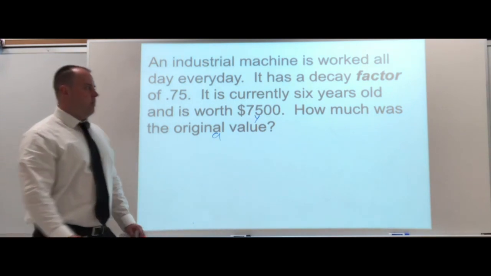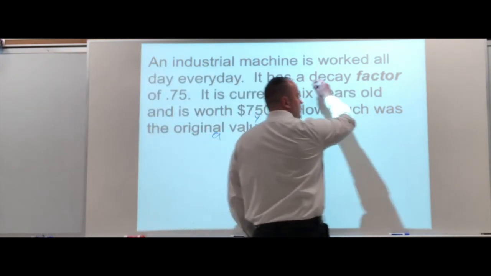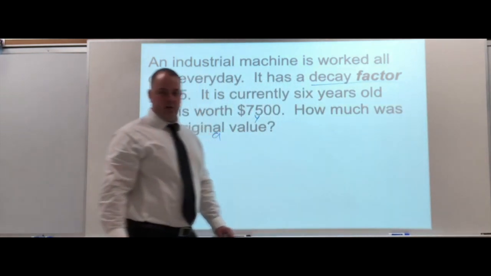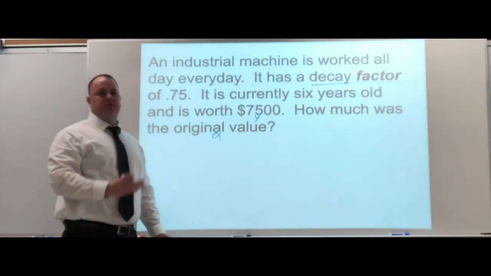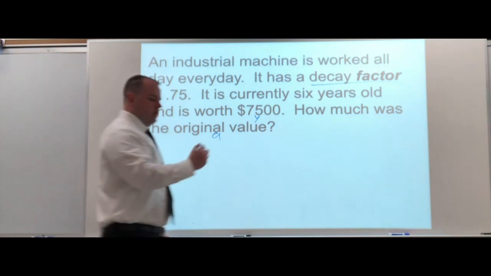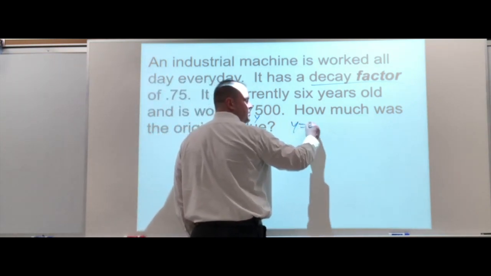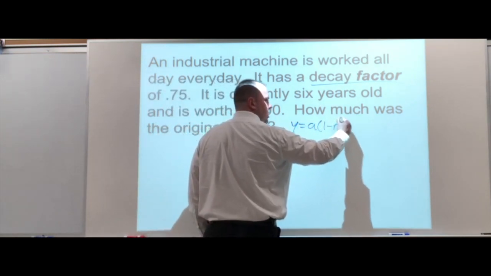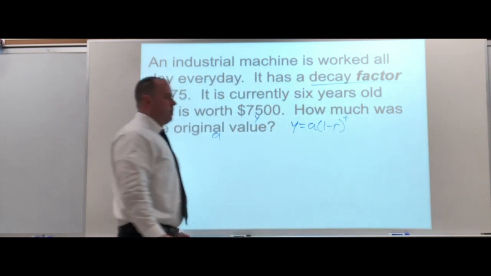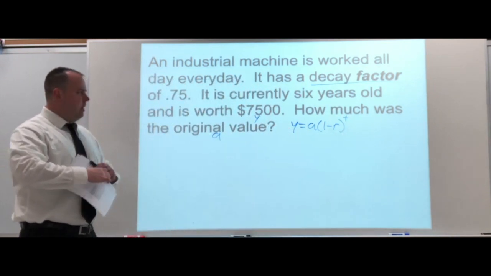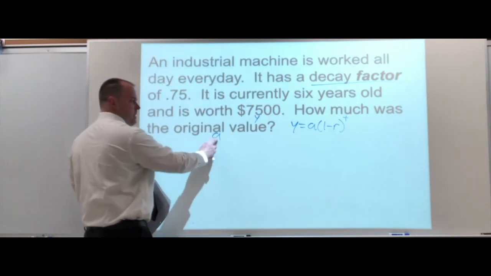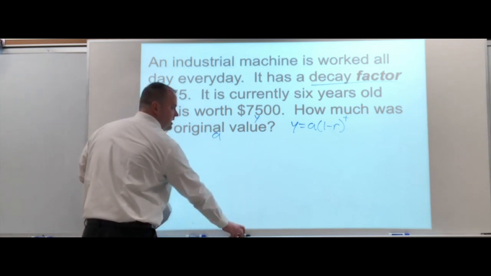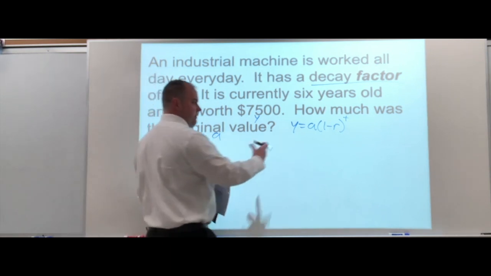The other important thing I want to pick out, we're looking at decay factor. Okay? So it's not giving us a rate this time. So when we're looking at our formula, y equals a, 1 minus r to the t power, they give us a lot of information and we're looking for a. So they're telling us our y is 7,500.